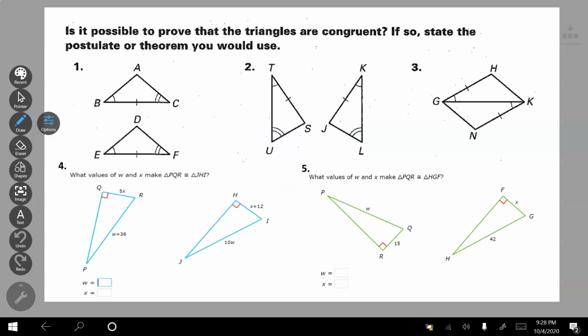So let's see if we can prove that these triangles are congruent. And we notice we have a side here on the bottom and arcs on these angles. So by angle, side, angle, these are congruent, and I can say triangle ABC is congruent to, well, A is at the top, so triangle DEF.